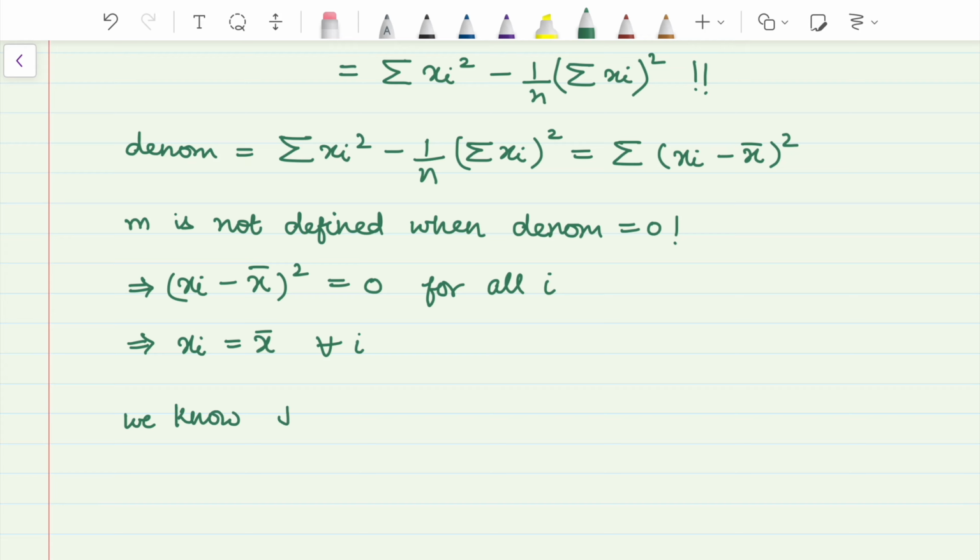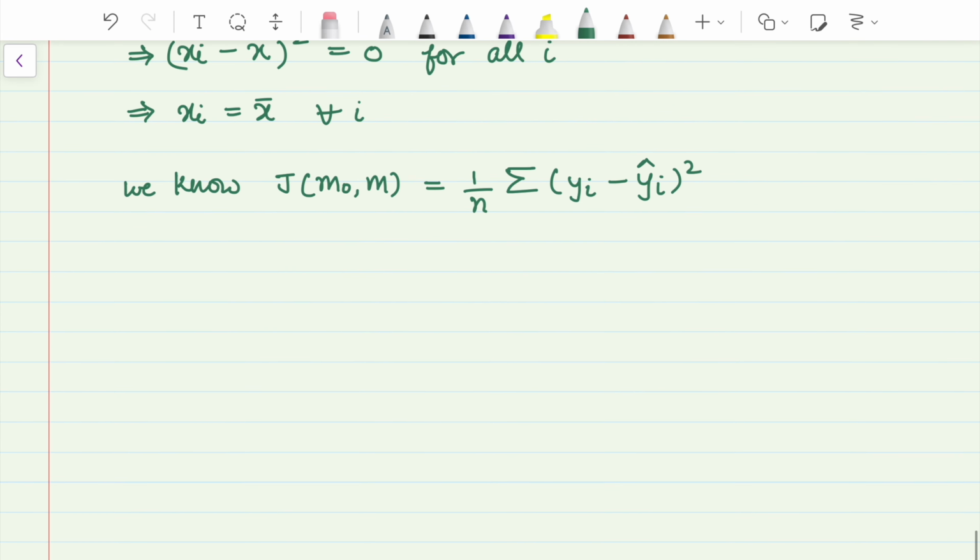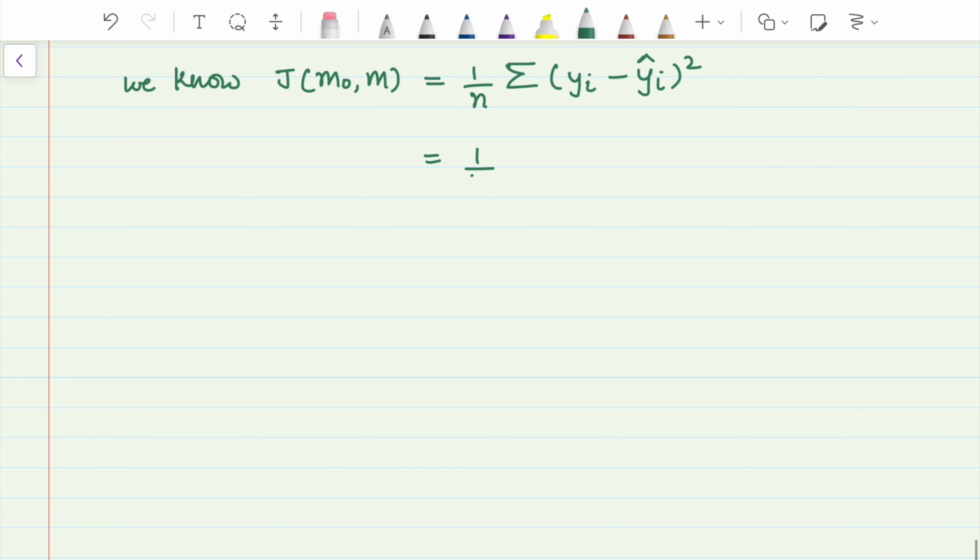From earlier, we know that j of m0, m is 1 by n times summation of yi minus yi cap whole square. We again replace the value of yi cap and then obtain the gradient of j of m0, m with respect to m0.